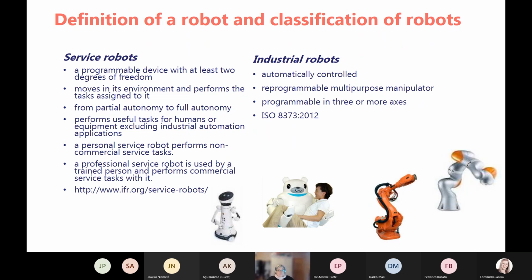Another type of robot we have already referred to is mobile robots. Last time, I think it was Dominic who asked which group mobile robots belong to. And currently, mobile robots are counted, at least in general, as service robots. They generally have 2 degrees of freedom, so they cannot be counted as industrial robots.